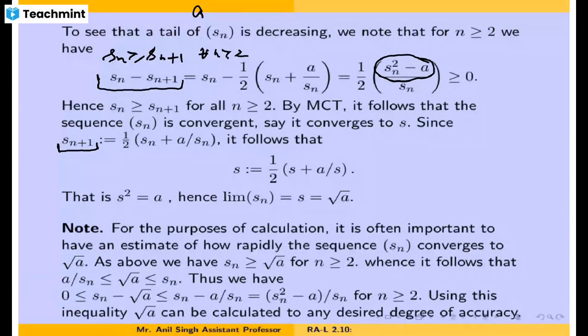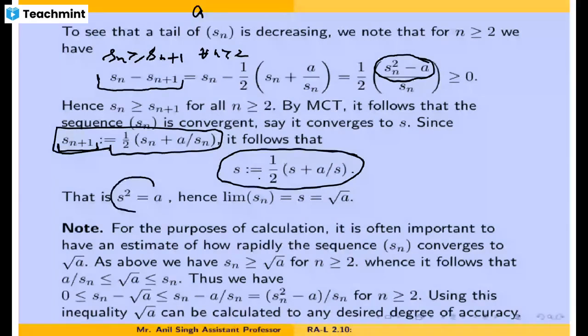We suppose that the limit of the sequence is S, and if we apply the limit to this recurrence relation, and also the algebraic properties of the limits, we get the limit of Sn plus 1 to be equal to 1/2 of S plus A upon S. Solving this equation gives you S square equals A, and since A is a positive number, this implies that S is equal to root of A. This establishes that the sequence is convergent and it converges to the root of the number A.